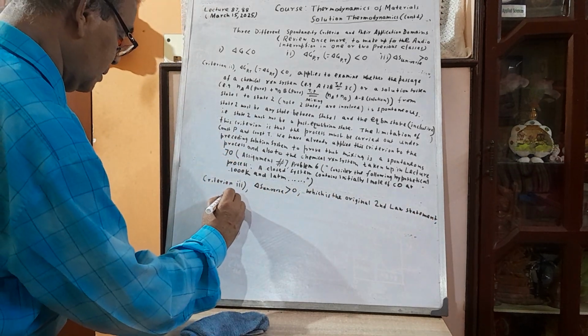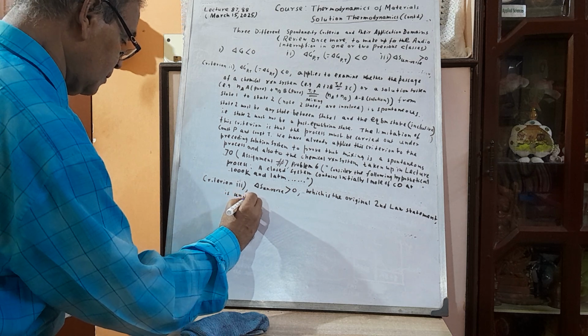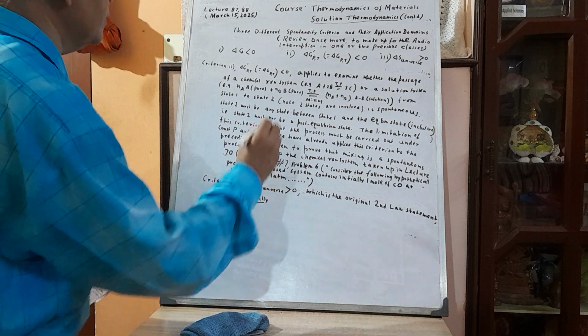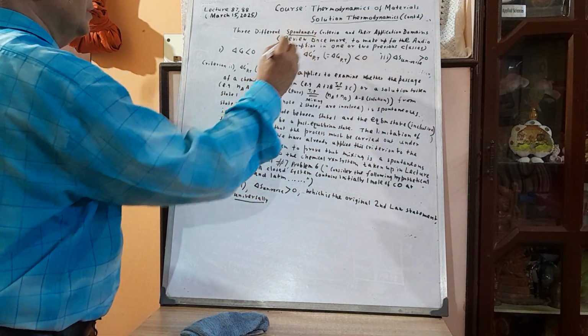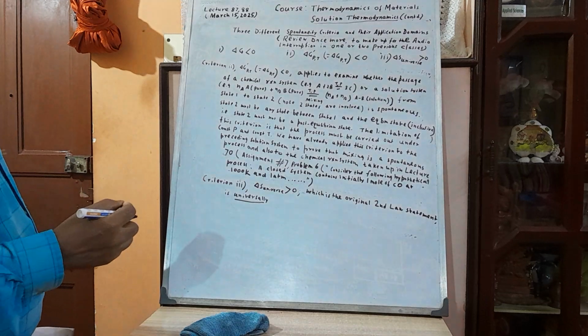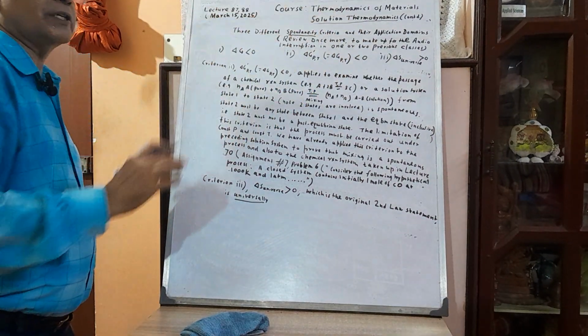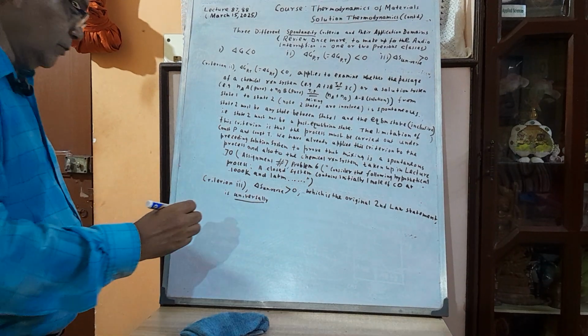Underline. Actually, you underline here also spontaneity. Actually, we are considering spontaneity. If you want to bring in equilibrium criterion, it will be 0. 0 here, 0 there, 0 there.